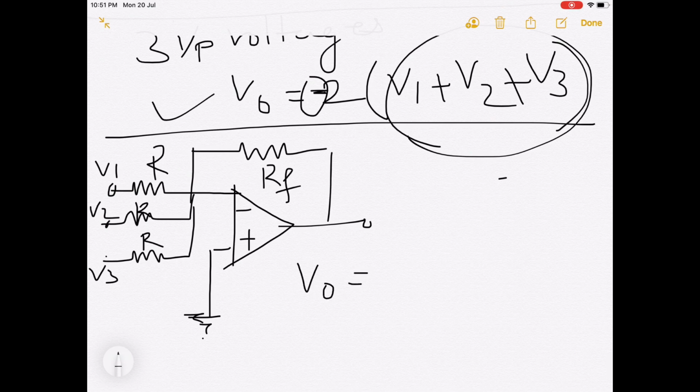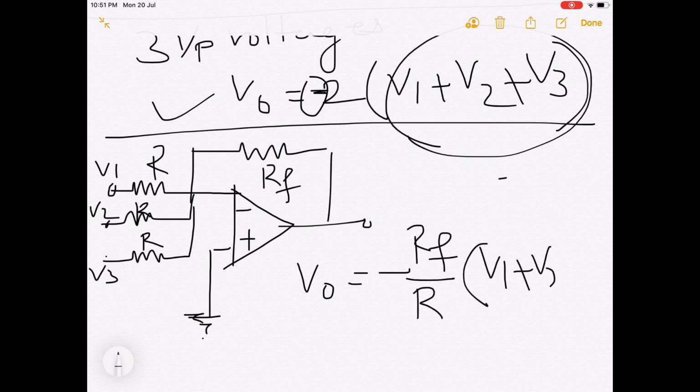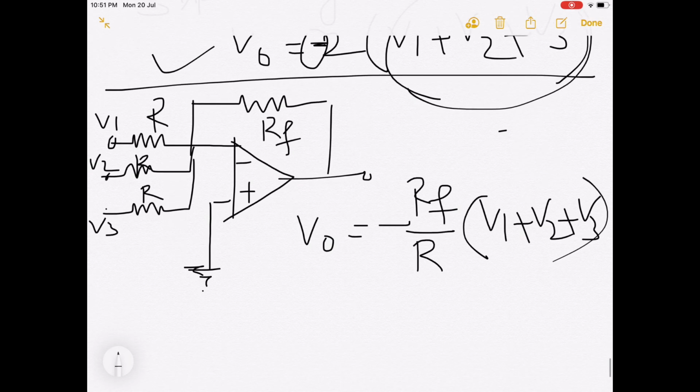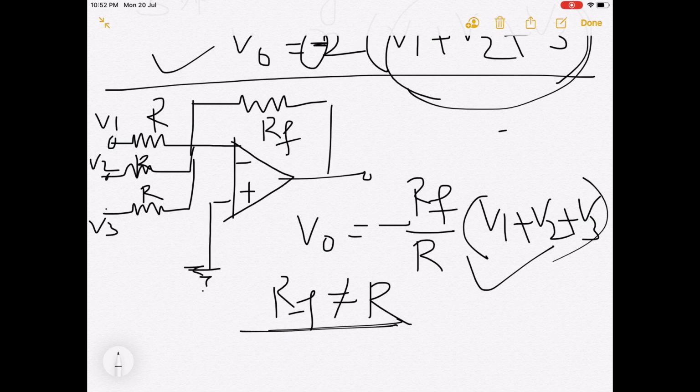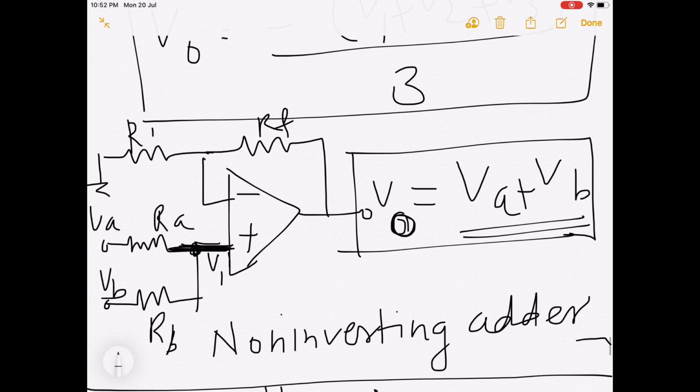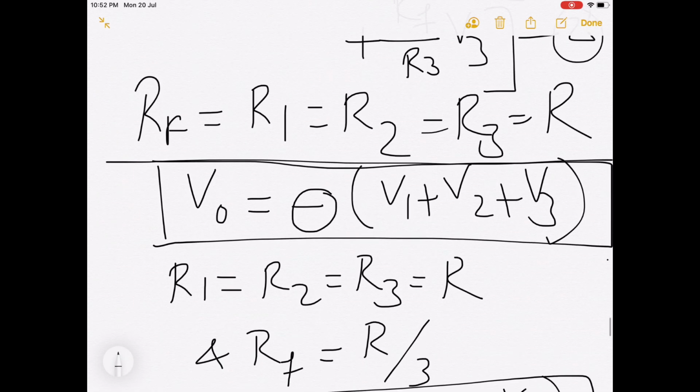VO is equal to minus RF by R into V1 plus V2 plus V3. In the previous section, if RF is not equal to R, then your formula will be like this, and if both are equal to R, then your formula will be this one, as I derived.